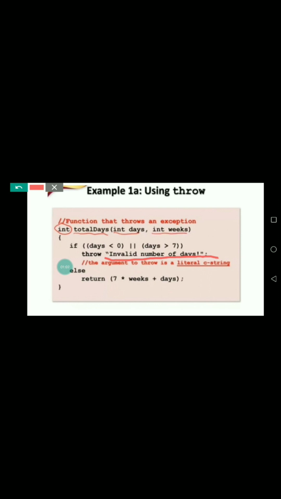If the condition is true, this line throws an exception. The exception being thrown is a literal C string, "invalid number of days". Throwing an exception means that an error has occurred and the normal flow of the program will be interrupted.